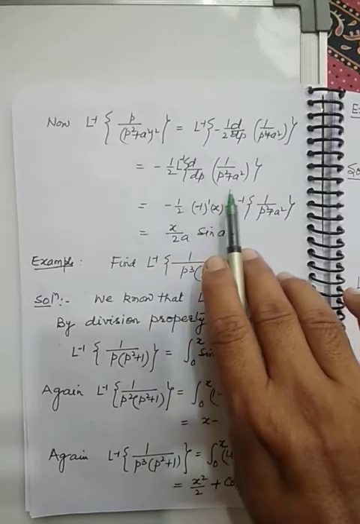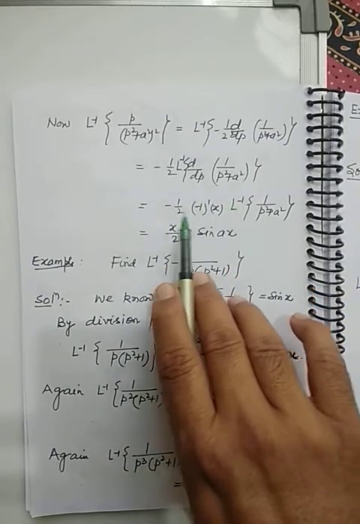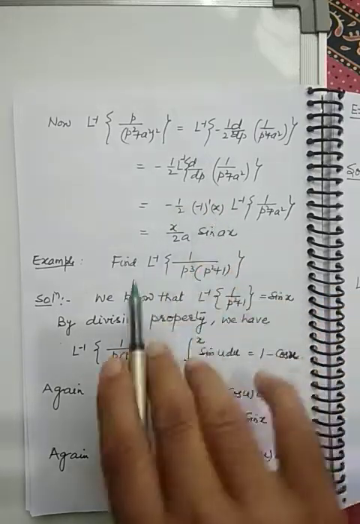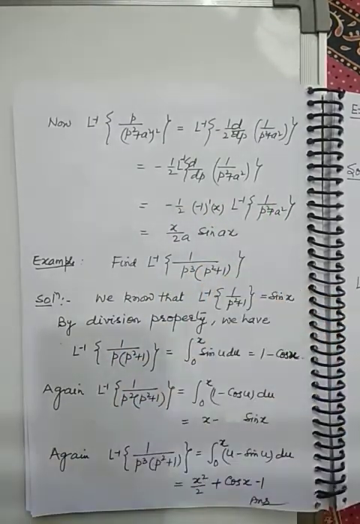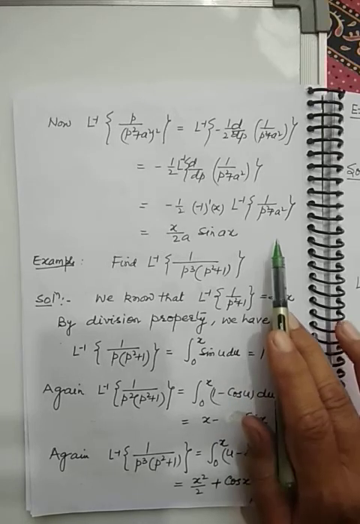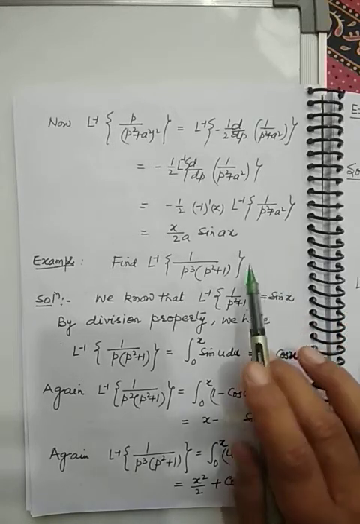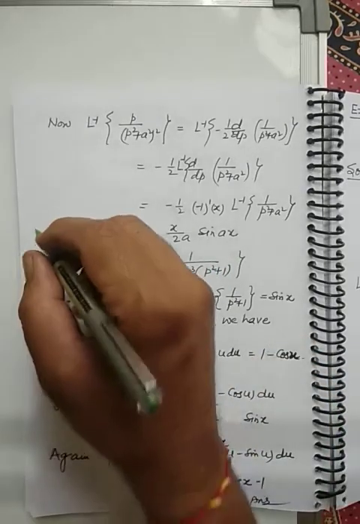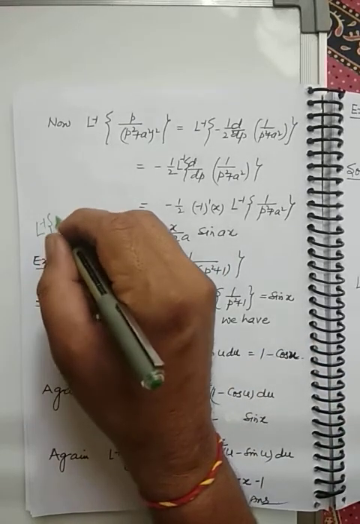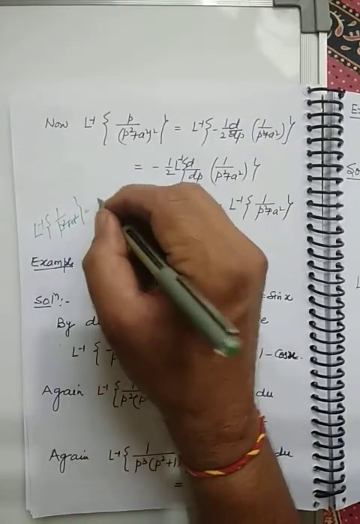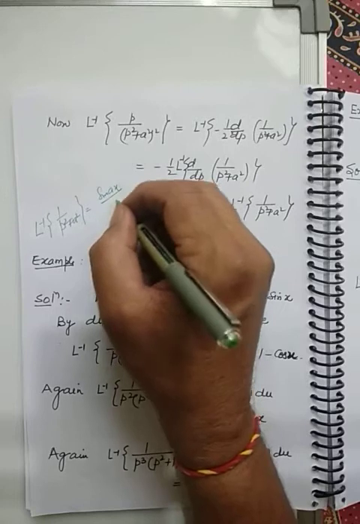The inverse Laplace transform of derivatives is given as (minus 1) raised to power 1, x raised to power 1, inverse Laplace transform of 1 upon p square plus a square, and the inverse Laplace transform of 1 upon p square plus a square will be given as sin ax upon a.